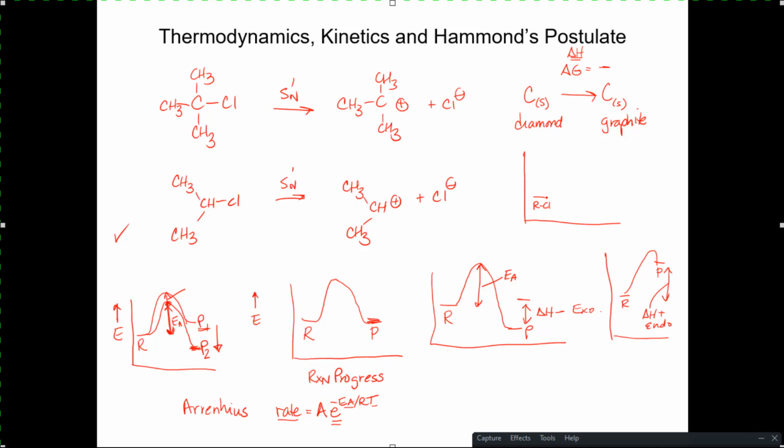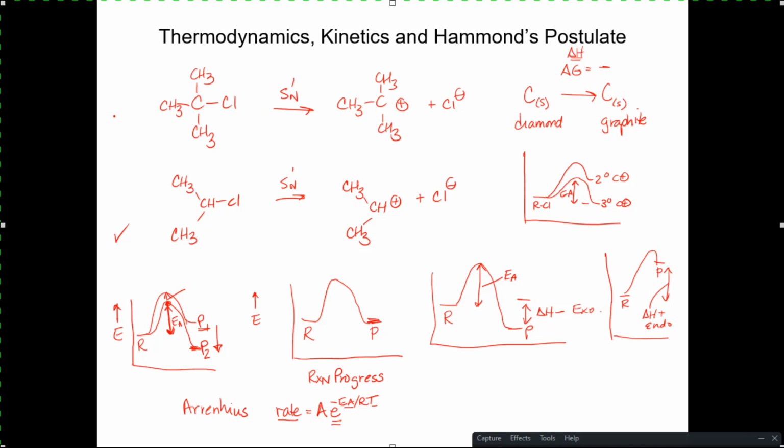Let's say that I'm going to form here a secondary carbocation, and then I'm going to form a tertiary carbocation. The tertiary carbocation has the lower energy, and therefore what? Therefore, it should have a lower activation energy. Lower activation energy means, by the Arrhenius equation, a faster rate.